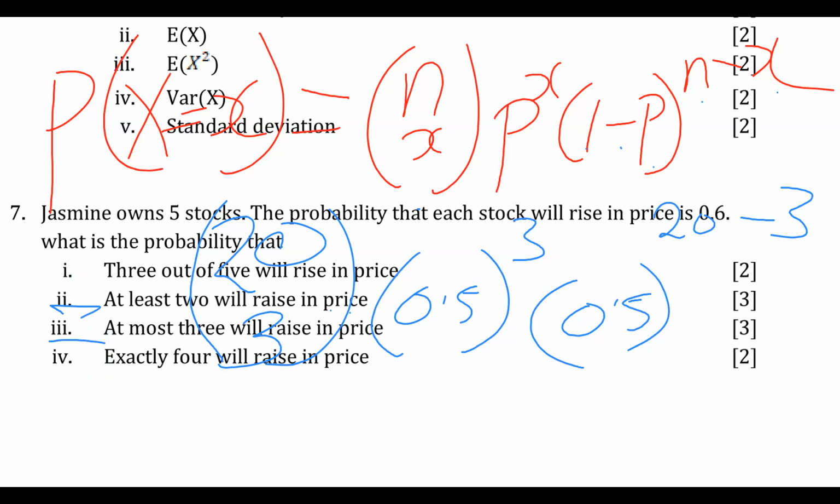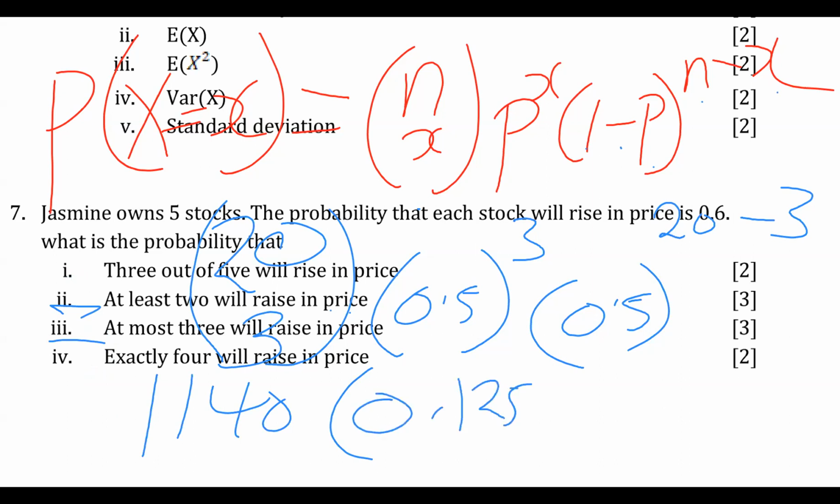That's 1,140. 1,140 times 0.5 to the power 3. 0.5 to the power 3 is 0.125. 0.125 times 0.5 to the power 17, not 7.